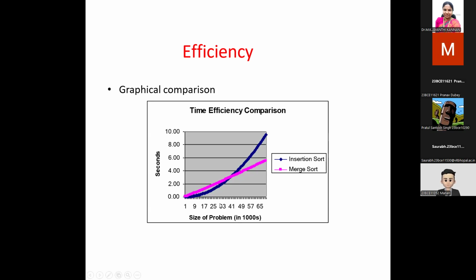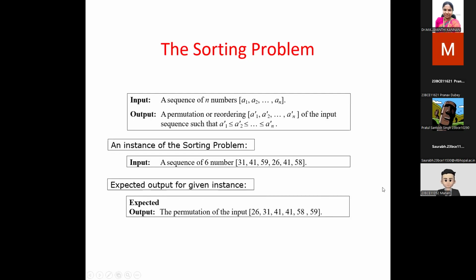The ideal input for insertion sort is less than 35, where it may be more efficient. So there is a cutting point. Like that, we can understand the logic.